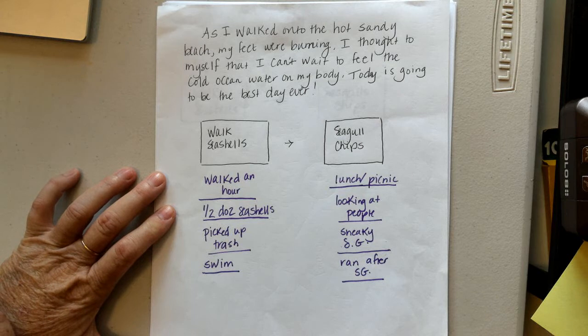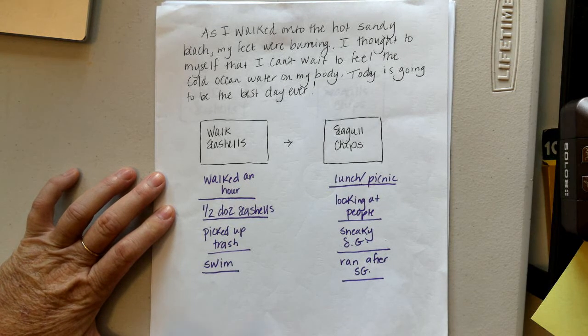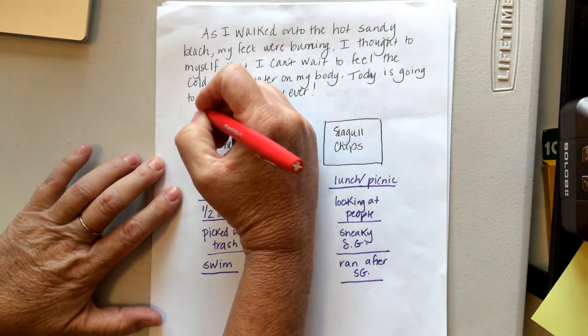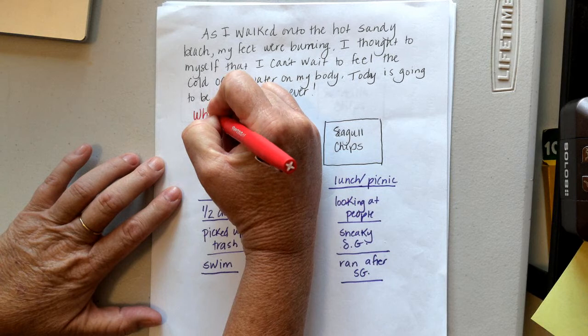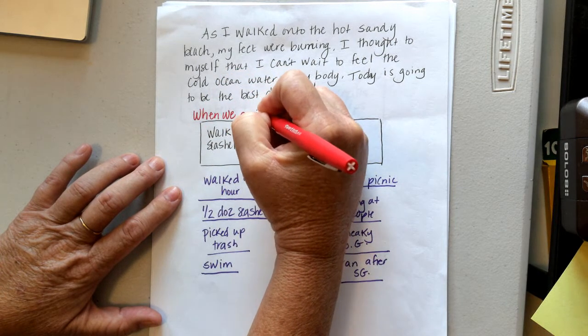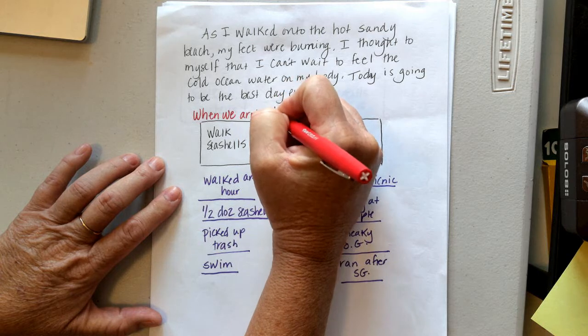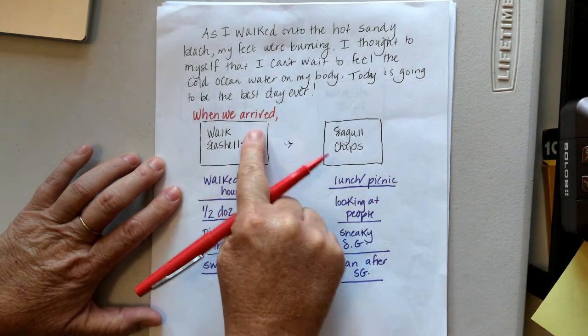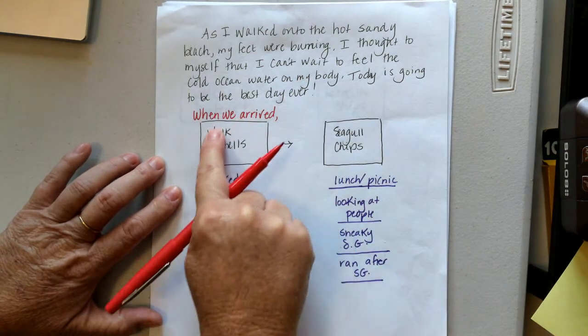So I think because one of the first things that we did when we got to the beach was that we went on our walk and got seashells. So I think I'm going to put right here, when we arrived. That is how I'm going to introduce this reason.